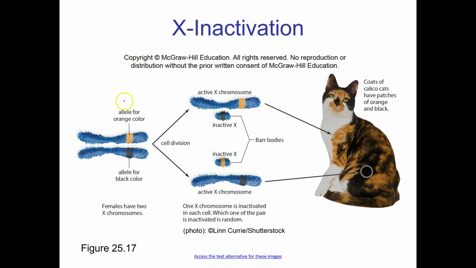Some calico cats have this allele for orange fur color, and if that is turned on, then the cat is going to have that orange coloration. If they also have an allele for black color, in those cells they're going to have black coloration. And so you end up with this black and orange coat on this calico cat. And so this is pre-transcriptional control.